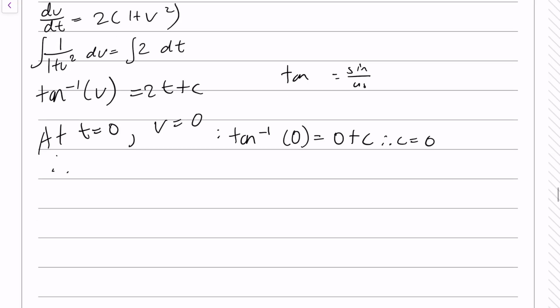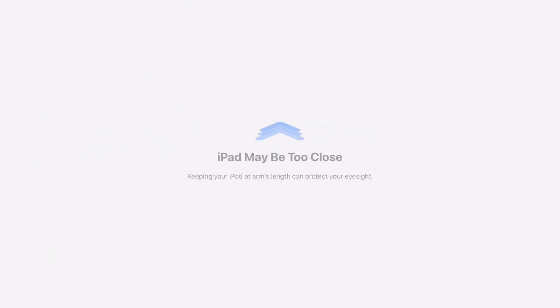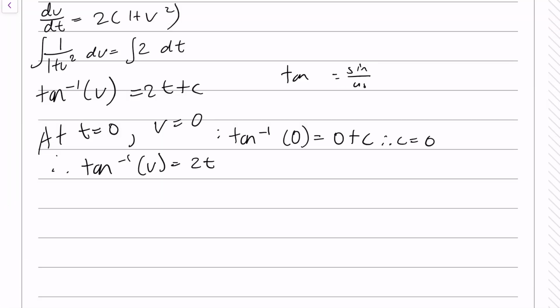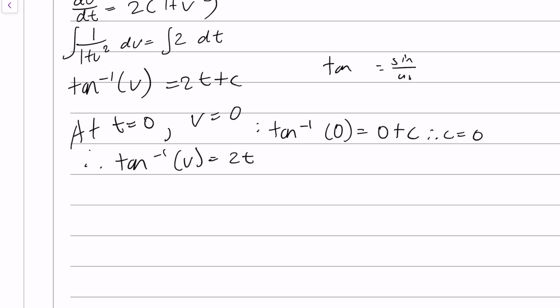So therefore, I know that tan inverse of v is equal to just 2t. And what I can do now is tan both sides of the equation.